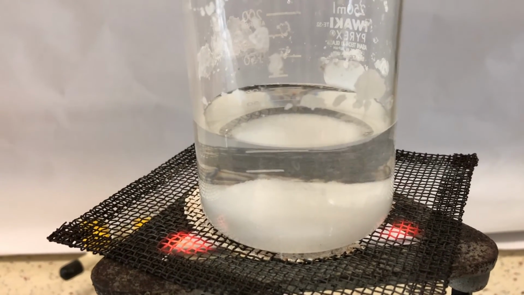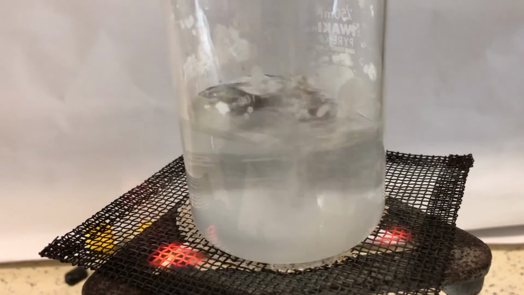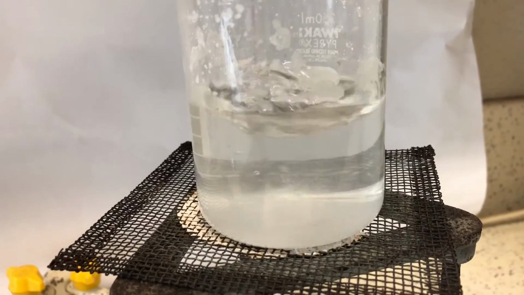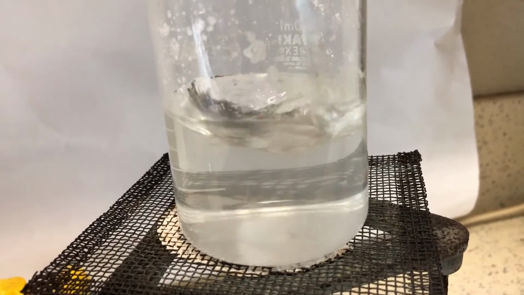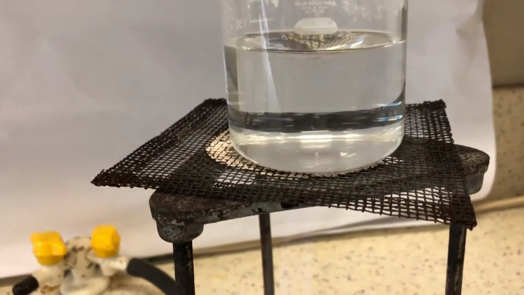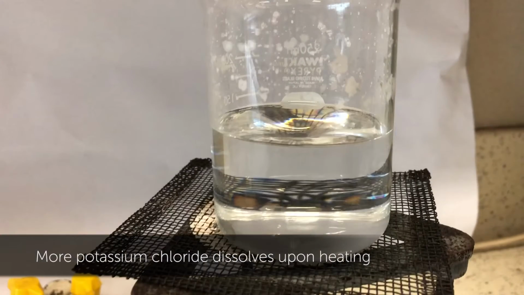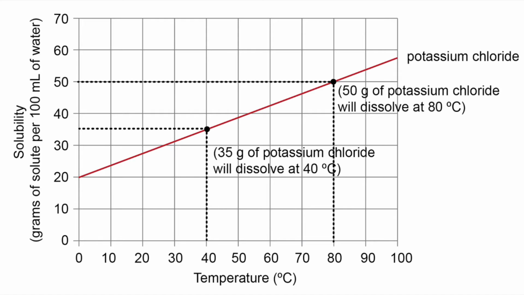It makes the solute dissolve faster, and it also allows more of it to dissolve in a given solvent. Here, the undissolved potassium chloride has now managed to dissolve, and we have a colorless solution. So we say that more potassium chloride dissolves at a higher temperature. Essentially, the higher the temperature, the higher the solubility.